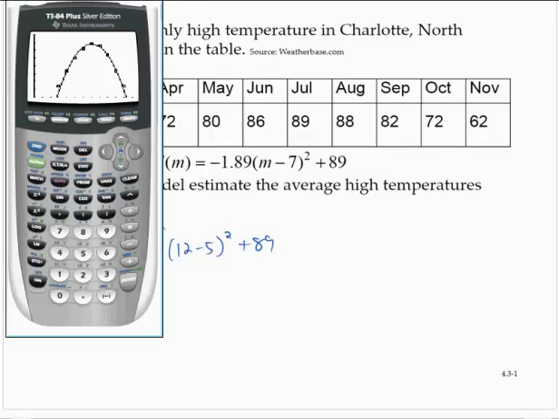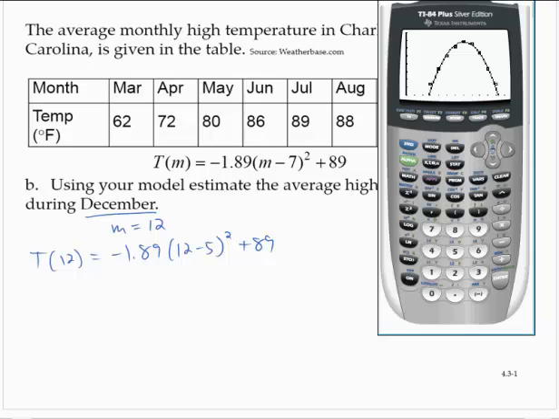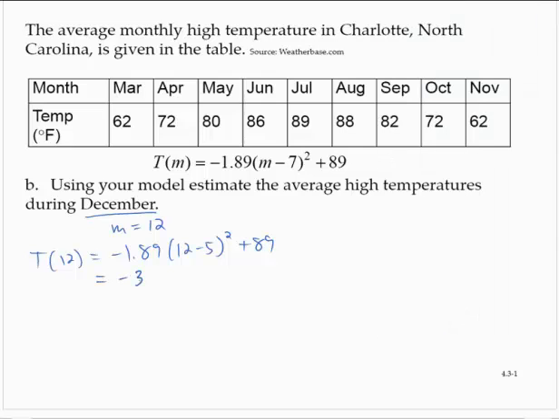I'll use the calculator for that. All right, so let's quit. Negative 1.89 times 12 minus 5 squared plus 89. And that gives us negative 3.61.